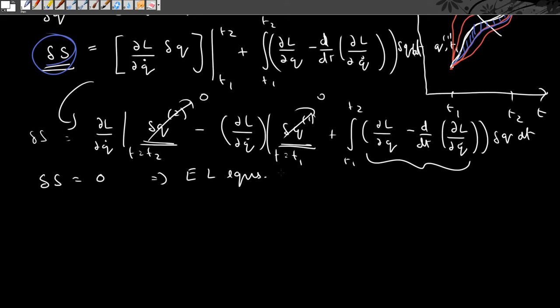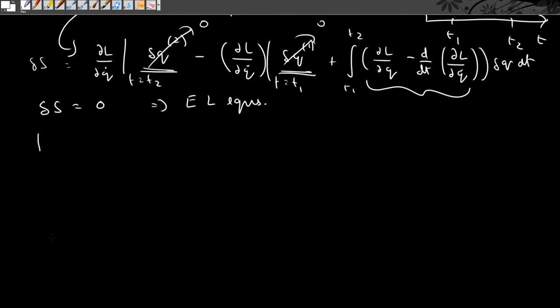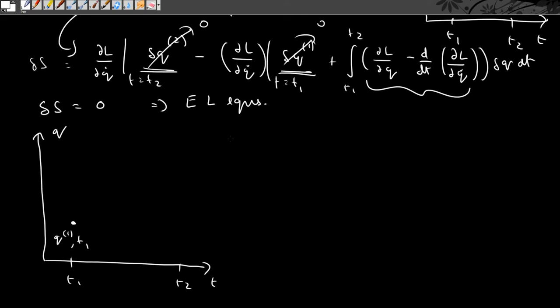Okay. Now what we are going to do is, we have our Q space and time, T1 and T2, and I am going to keep our initial position fixed. So Q1 at T1 is fixed, but I am going to allow our final position to change.